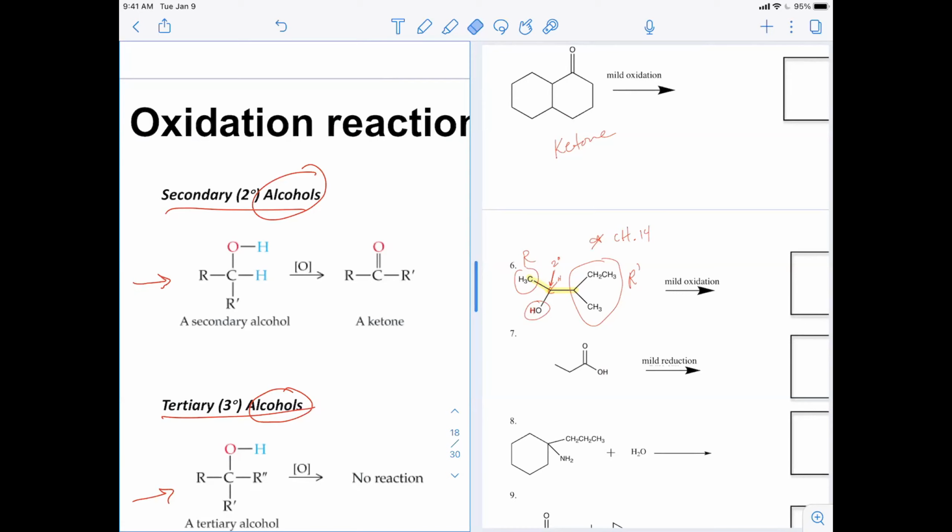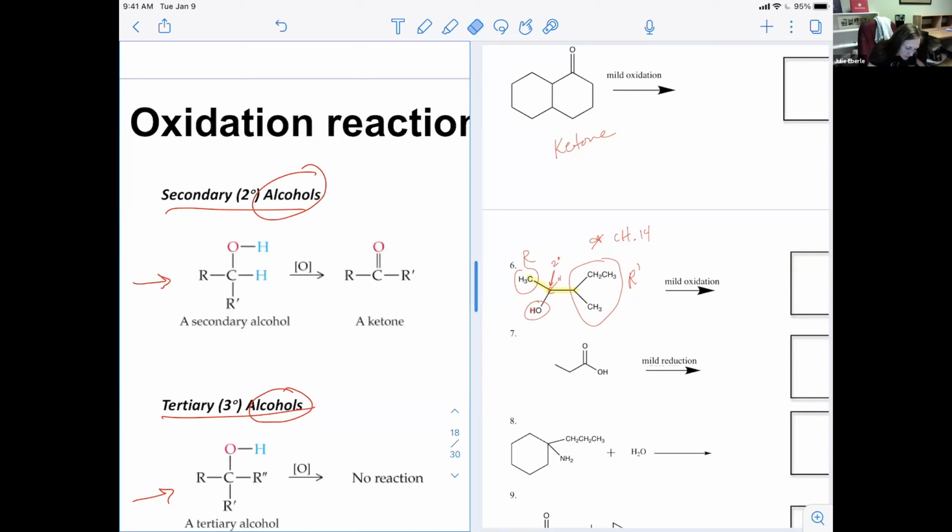Oh, okay. Where did the hydrogens go? To that OH. They go on to the oxidizing agent.